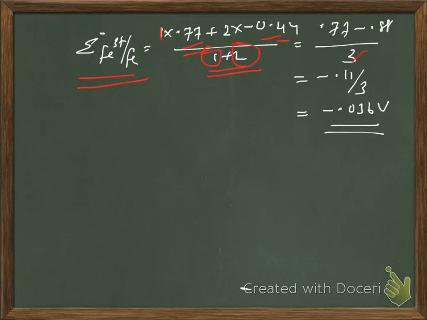So 1 plus 2 is 3. Minus 0.11 divided by 3 is minus 0.036 volt. This is the skip potential for E0 Fe3 plus bar Fe.